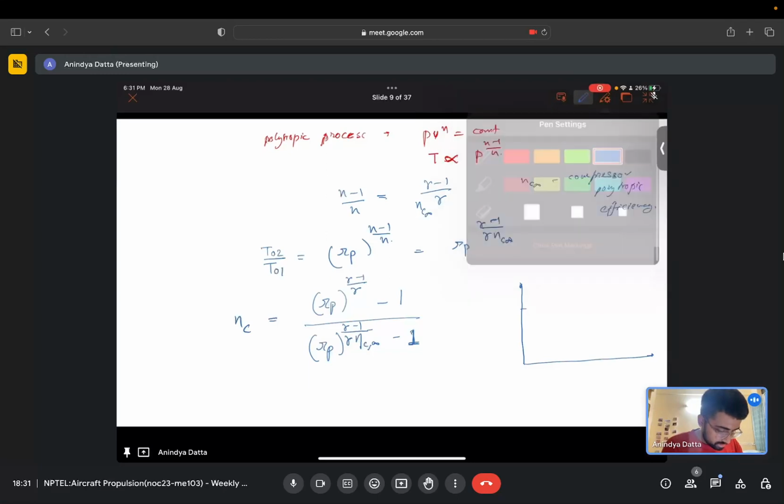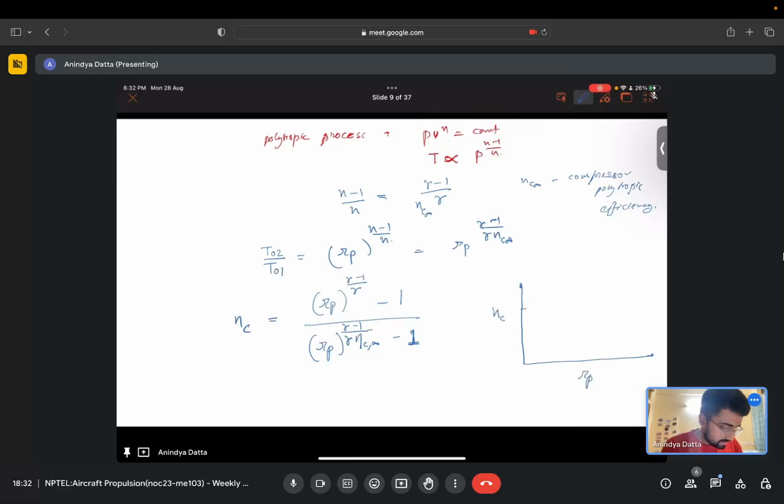On the x-axis we have eta c, the y-axis we have rp, we will see something like this. Okay, so this is for a constant value of this. Now if we increase this compressor polytropic efficiency value, it goes like this. Okay, all right.